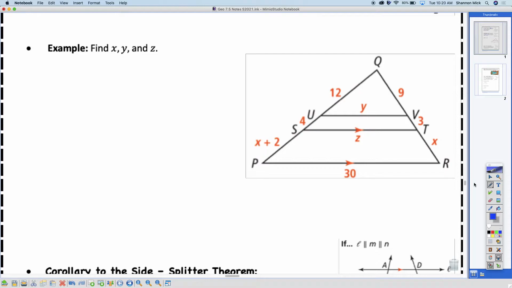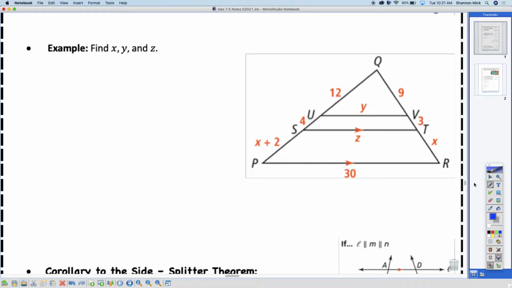And ST makes that upper little triangle, doesn't it? Okay, so my side splitter theorem says if a line is parallel to one side of a triangle and intersects the other sides, then it's divided proportionally, correct? That's what it says. And I have all the information about ST and above, don't I?